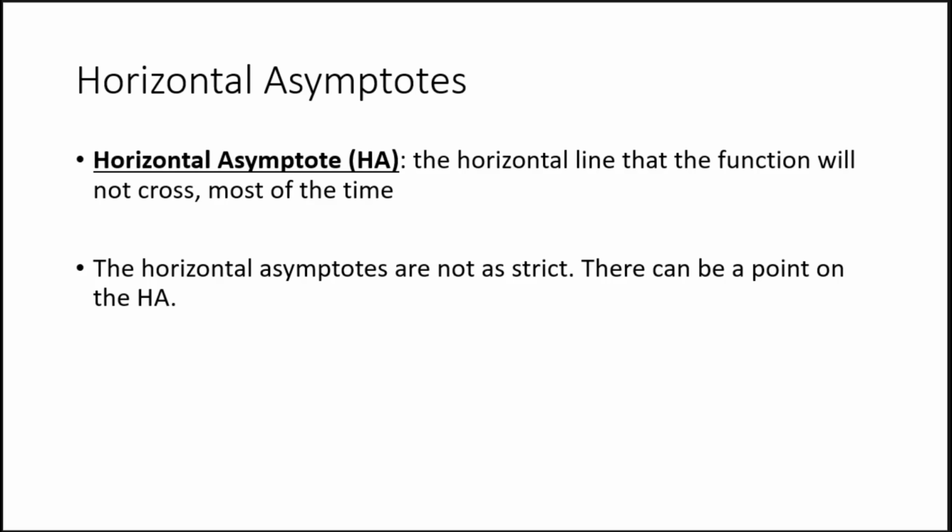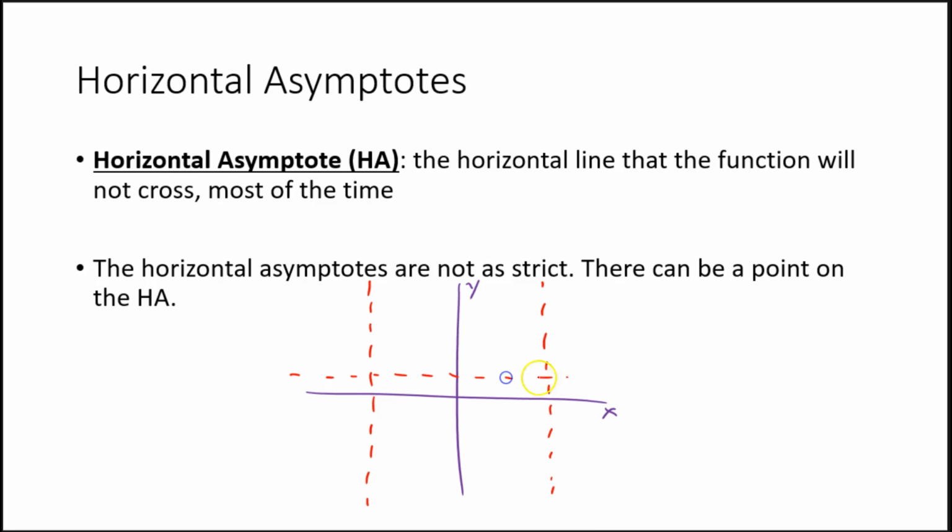So just real quick, an instance where there will be a point on the horizontal asymptote. So here's my x and y. Say I have two vertical asymptotes. And that can occur if we have a quadratic in the denominator, so we would have two solutions for the denominator. If I have two vertical asymptotes and a horizontal asymptote, let's say a little bit above the x-axis, and my graph comes down on both outer sides as we saw on some of those, there is going to be something in the middle.